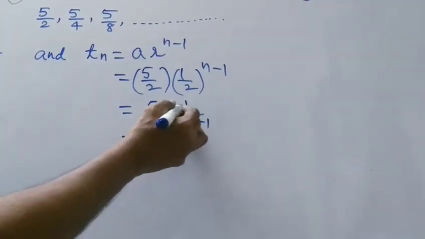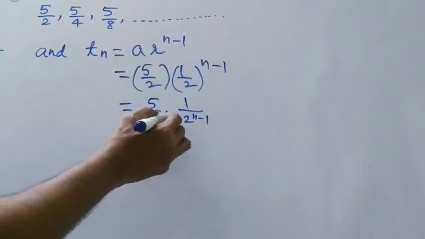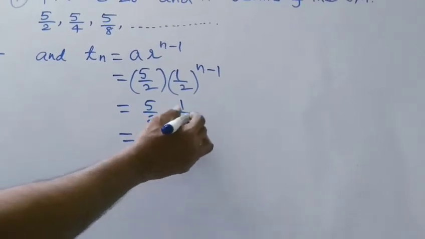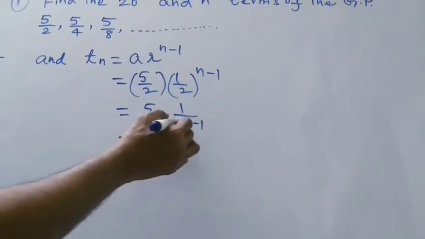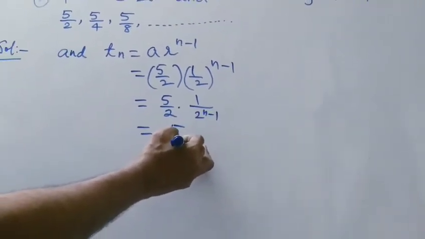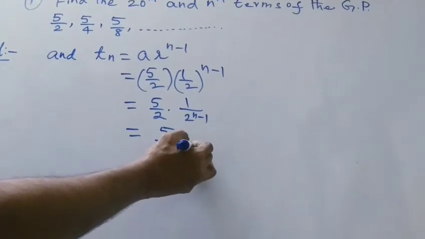That is equal to 5 into 1, 5, over 2 into 2 to the power of n minus 1. Here the bases are equal, so the powers should be added. So 2 to the power of n minus 1 plus 1.